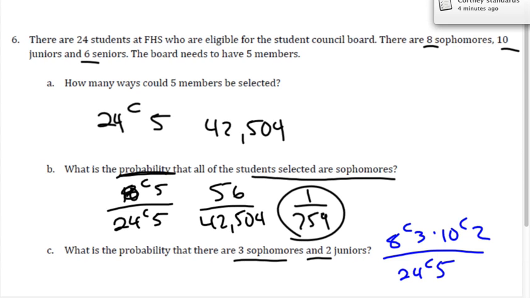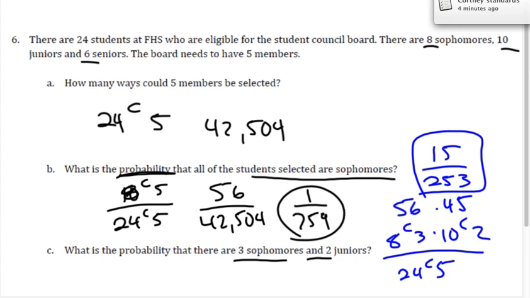So this is going to be 56 and 10 choose 2, multiplied together and divided by 42,504. When I do that, I'm going to multiply and get that as a decimal. That'd be 0.0.